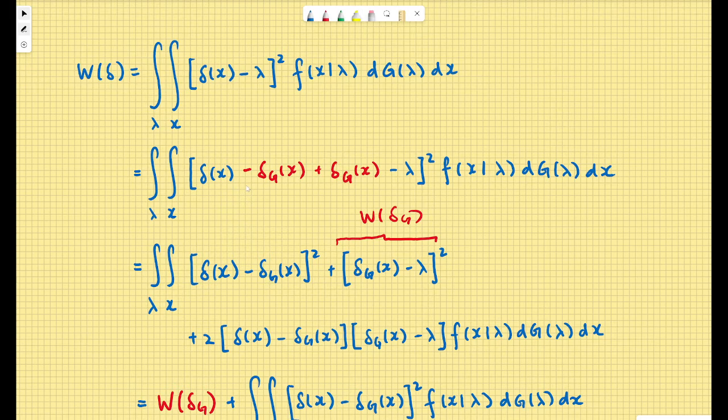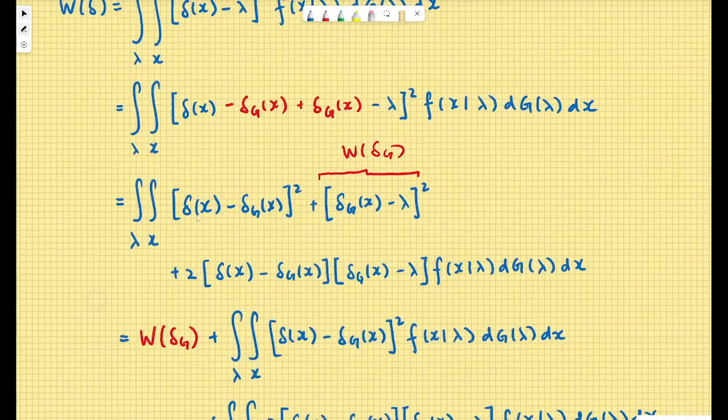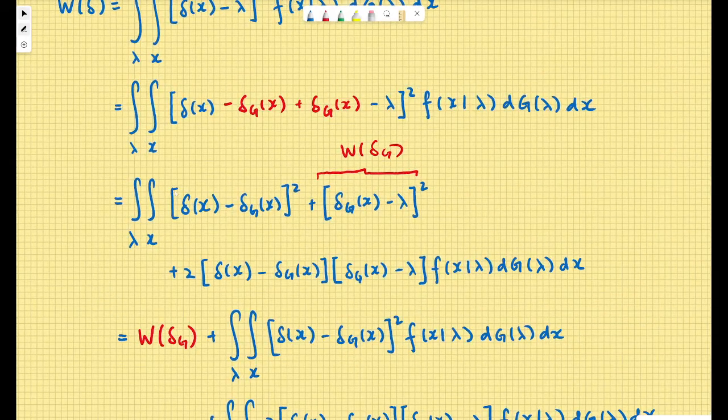That means I calculate these quadratic terms. Then this quadratic term will be equal to these three terms here. And the important thing to notice is that the second term, if I take integration over the second term, it is exactly the minimized Bayes risk with the optimal decision. Okay, so I write here in red color the second term. So I can take the second term out.